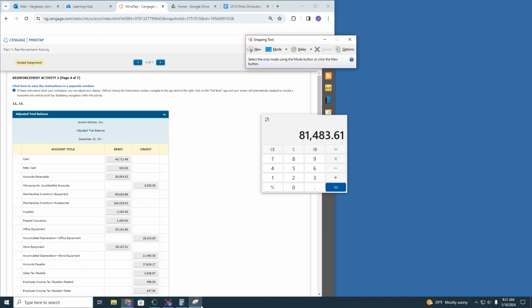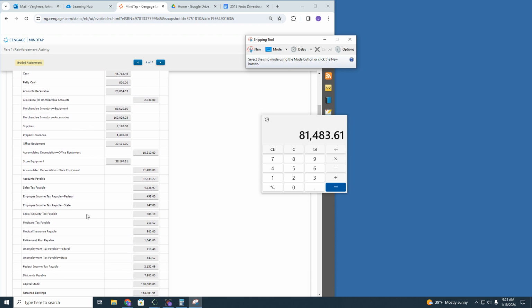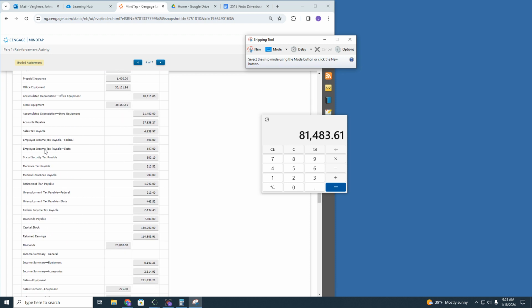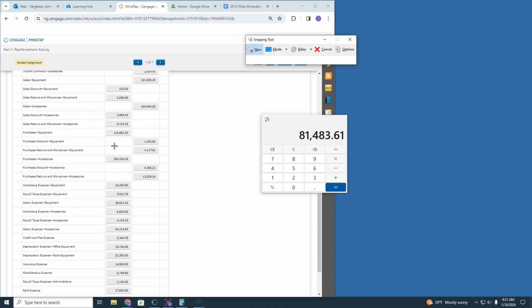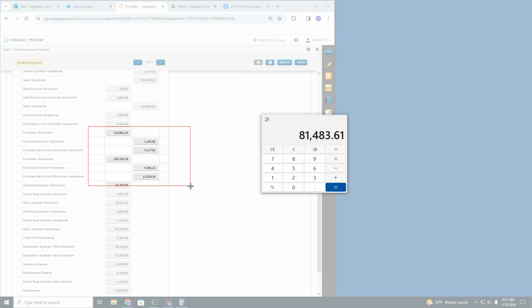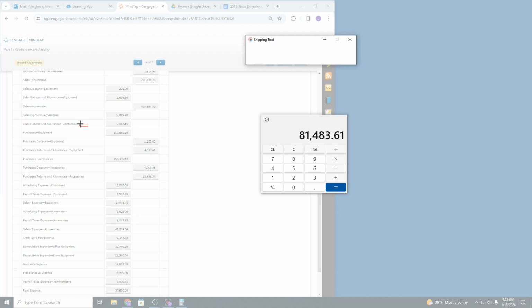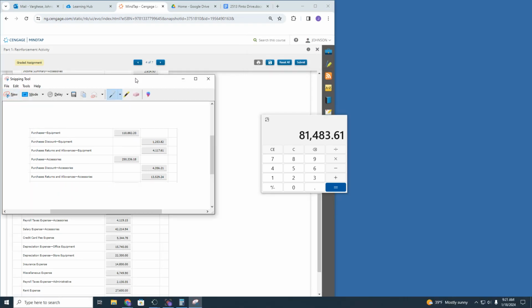So let me snip this. Where is it? Purchases. Here we go. Not good at this. Let's try this again. Grab this info. I think this is what I need. Okay.